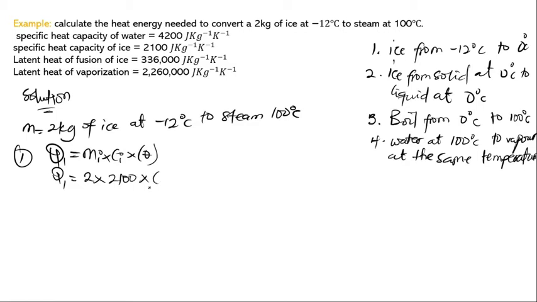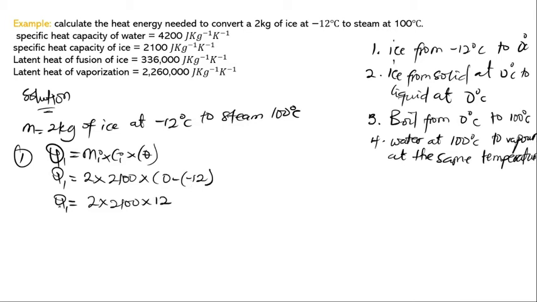And then the temperature change over here is from what? We know in terms of numbers, 0 is bigger than negative 12. So we have the higher temperature, which is 0, minus the negative 12 that we have over here. So our heat energy becomes 2 multiplied by 2100 multiplied by 12, since this becomes positive.